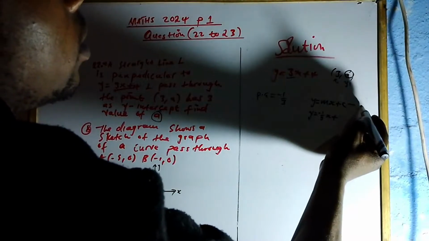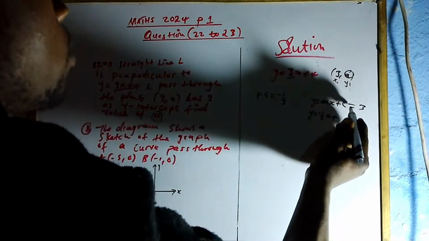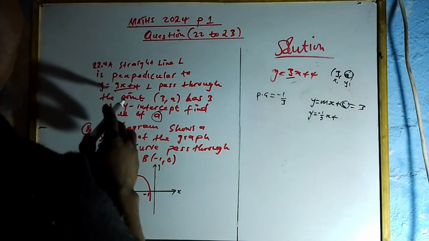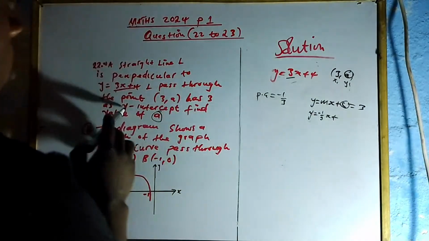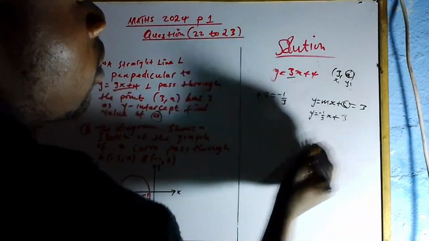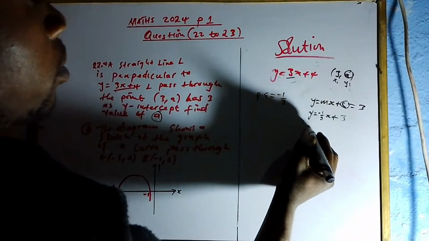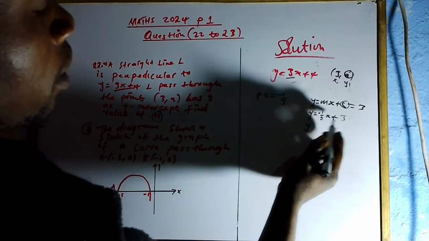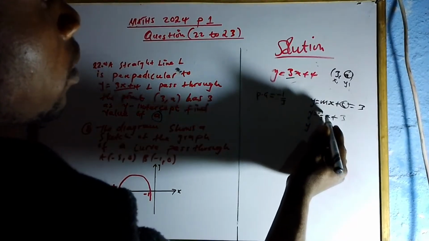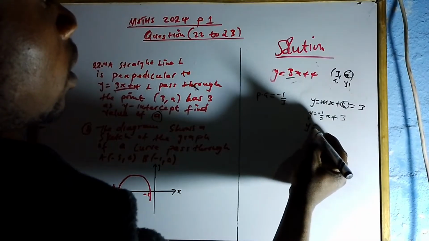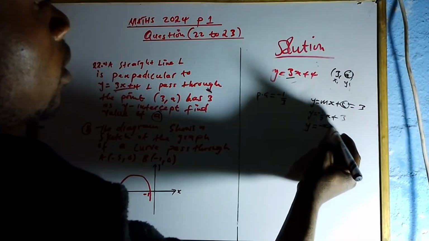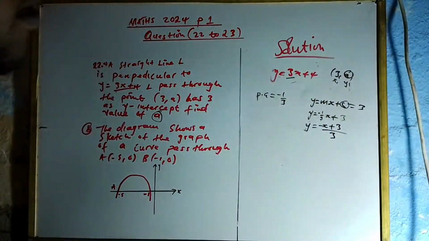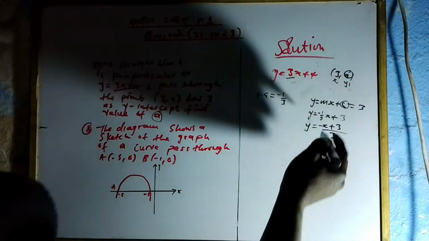We are told that it is equal to 3, so where this 3 is, you substitute it, because 3 is the y-intercept. Because you have 3 here and 3 here, we are going to have y equals minus x plus 3 over 3. So this is the one equation.